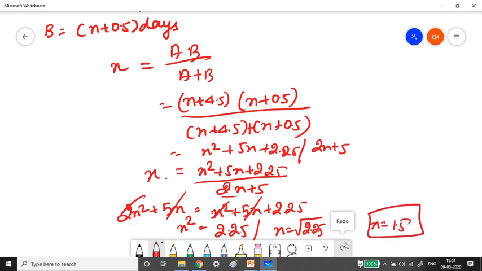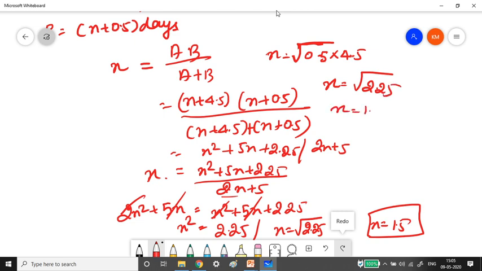So without doing this many steps, they have given the formula as X is equal to the square root of A into B, where A and B are the excess days from X. Here it is 0.5 into 4.5, which is 2.25, so the answer is 1.5.